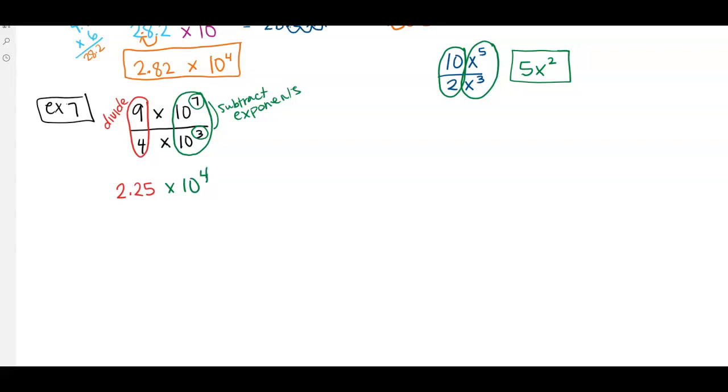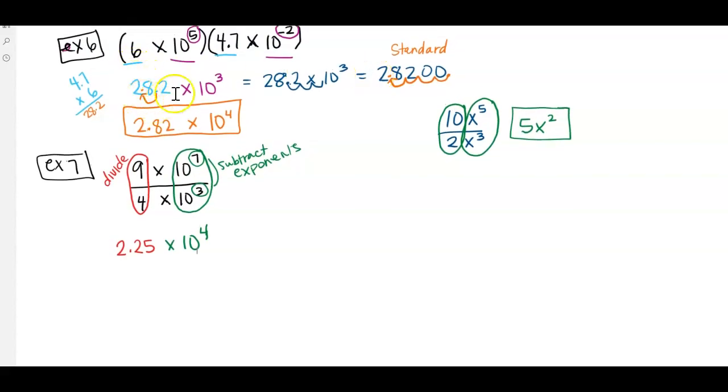Okay. And then I've got to double check and make sure, is this in scientific notation? Is this number out in front between 1 and 10? Yeah, it is. So I don't have to be doing any of the crazy stuff like I had to do up here. 28.2 wasn't scientific notation.